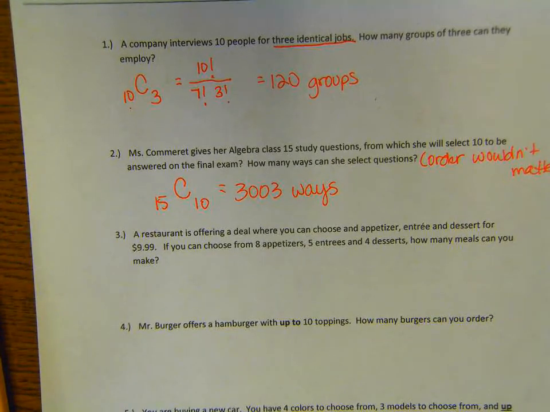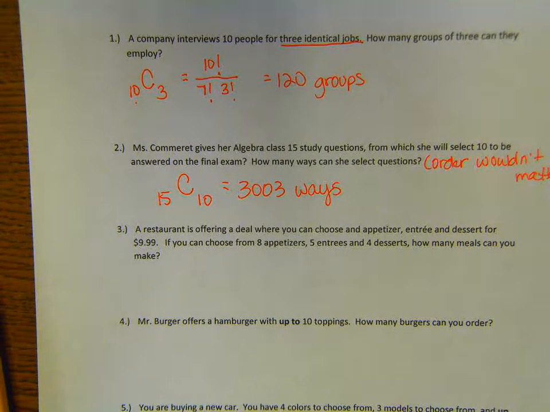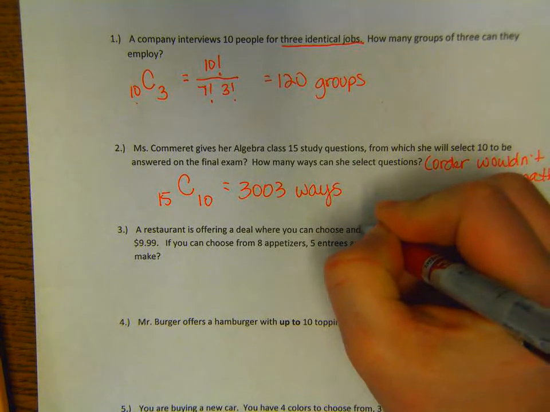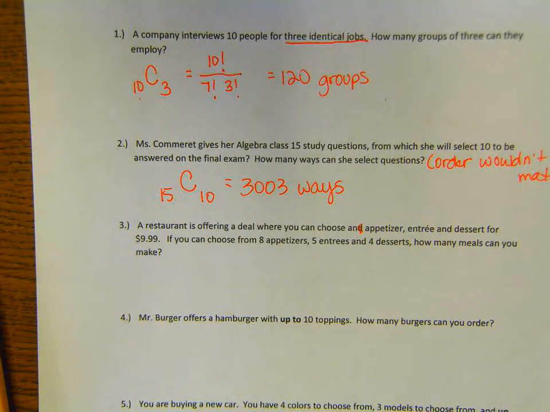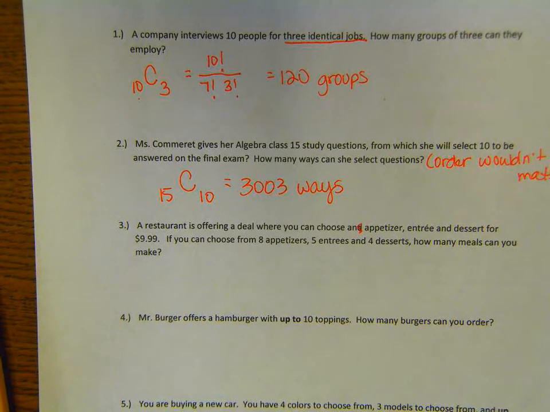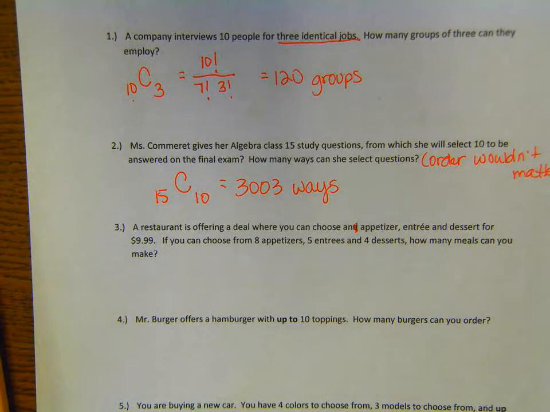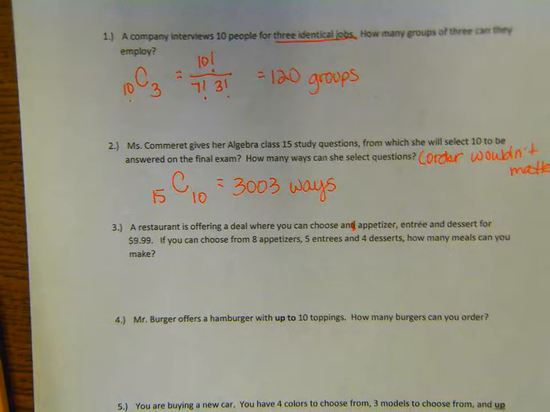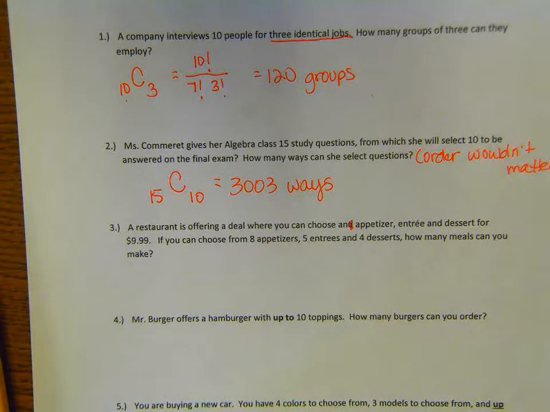A restaurant is offering a deal where you can choose, and that should be not and, an appetizer, entree, and dessert for $9.99. If you can choose from 8 appetizers, 5 entrees, and 4 desserts, how many meals can you make? What's this one? Okay, so if you would do a permutation, explain to me then.